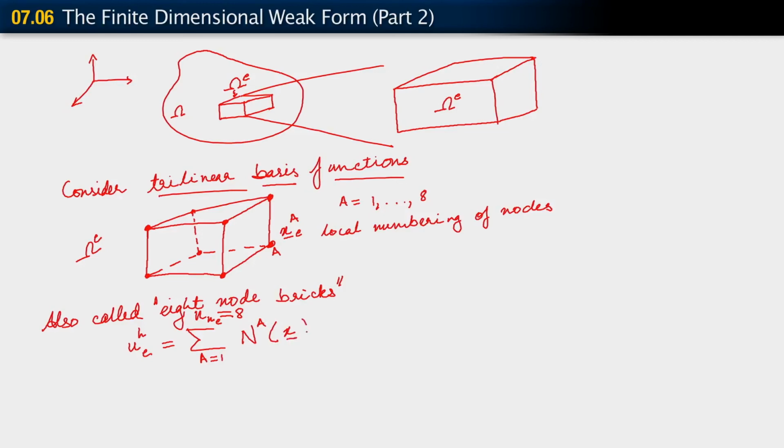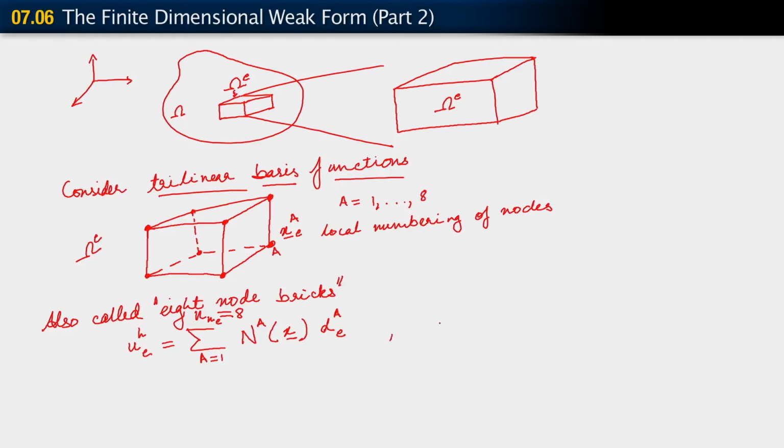These basis functions are in general parameterized by position in physical space x, and just as before, we multiply them by degrees of freedom, d sub A sup e. Here too I'm using a local numbering of degrees of freedom, which essentially reflects the local numbering of nodes.